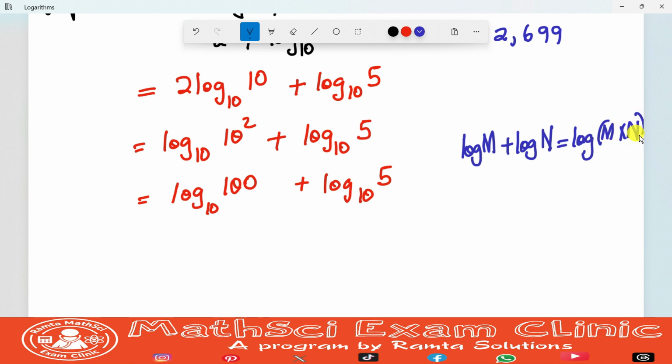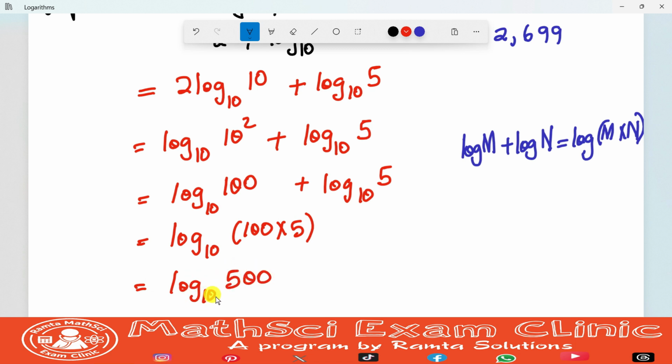We can use that rule because the bases are the same. So this will then become log, open bracket, 100 times 5, base 10. Now 100 times 5 is 500. So this will become log 500 base 10.